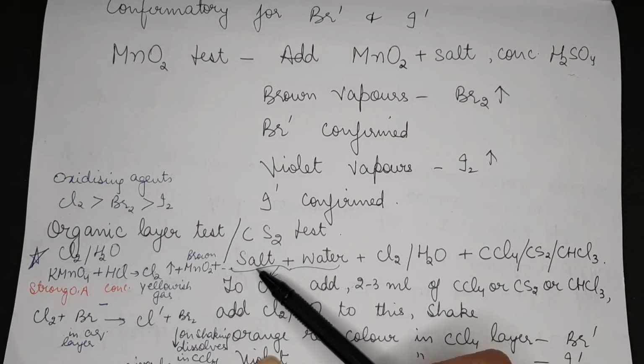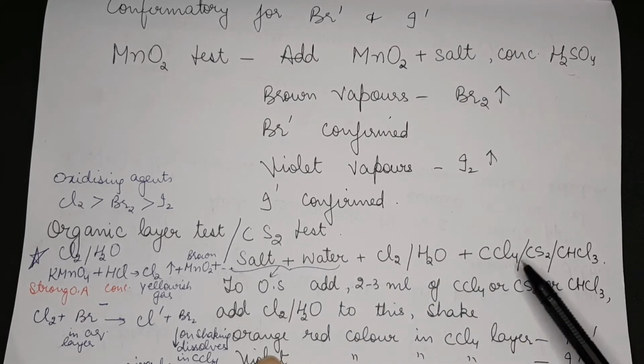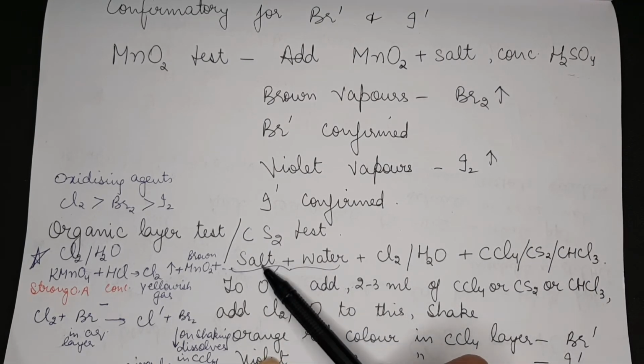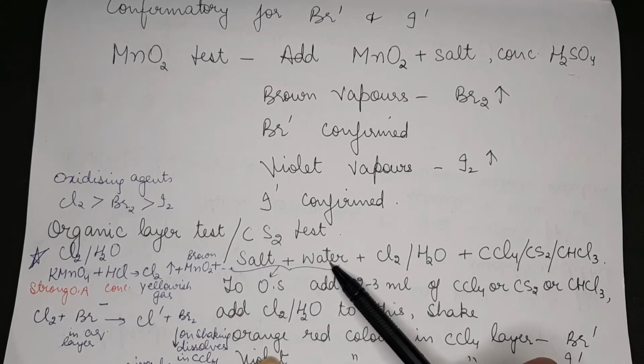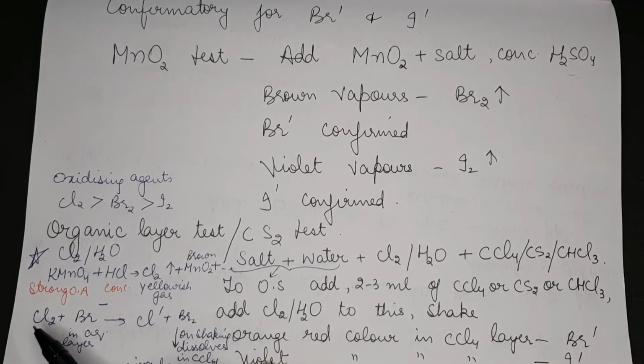So to the OS, that is salt plus water, we'll add chlorine water and then we'll add this organic solvent, and we will observe that the bromide or iodide salt which was present in the water layer is going to undergo this reaction on adding chlorine.